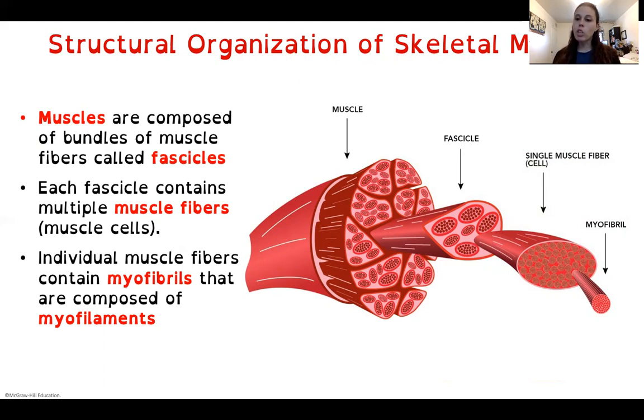And so the contraction of this myofibril leads to the entire muscle contracting. The myofibrils are made by myofilaments, which are basically strands of proteins. So we have muscle fascicles, and then muscle fibers made by myofibrils, which are made by myofilaments. Remember that myo means muscle.